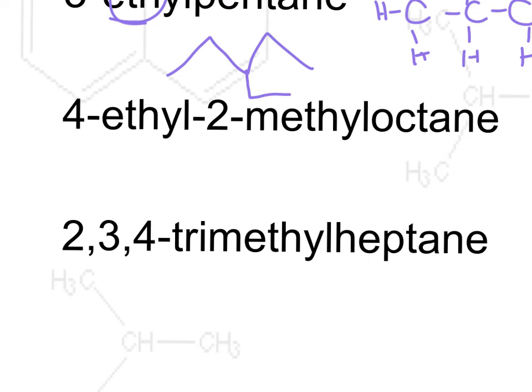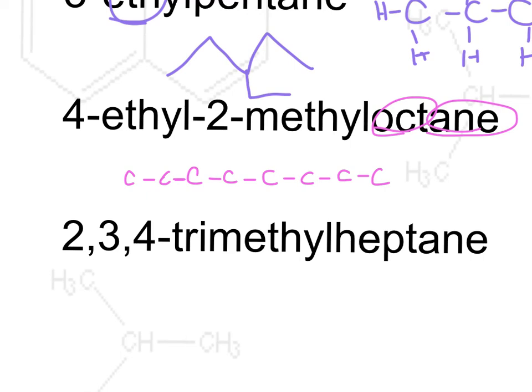So let's see. 1, 2, 3, 4, 5, 6, 7, 8. Took care of the oct. Next, I look at the ending ane. That tells me that they're just all single bonds. Good. Next, I look at my branches.